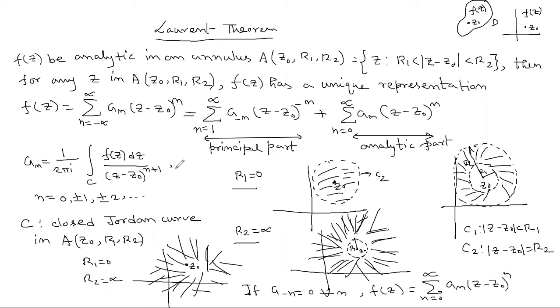That means Laurent series can be reduced to Taylor's expansion if all the coefficients of negative powers are zeros.